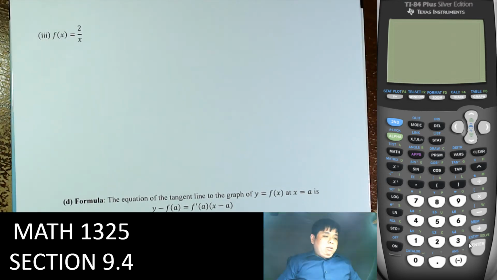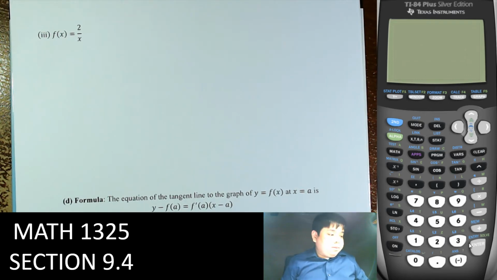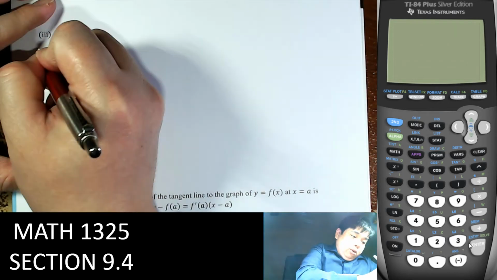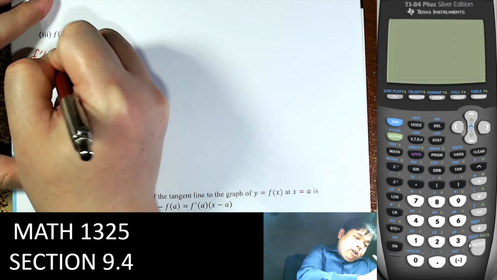Right. Now we have the function 2 over x. For the derivative, we still start with the definition.